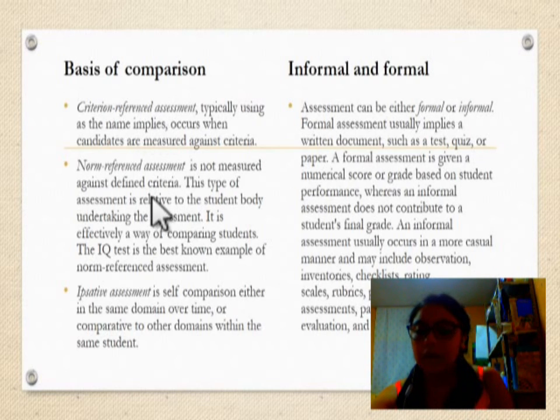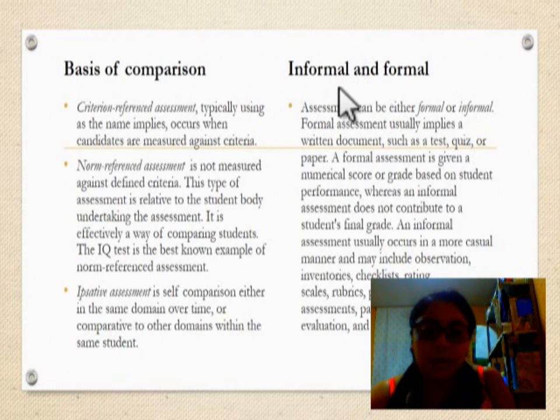The second is norm-referenced, which does not define criteria. It is a form of comparing students, and the IQ test is the best-known example of this type. And the third is ipsative assessment. It's a self-comparison. Here you can compare other domains within the same student.